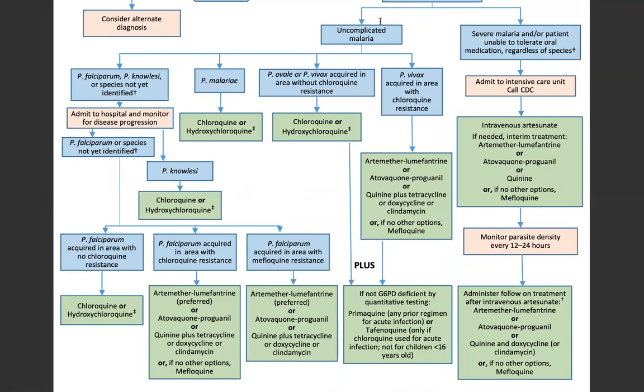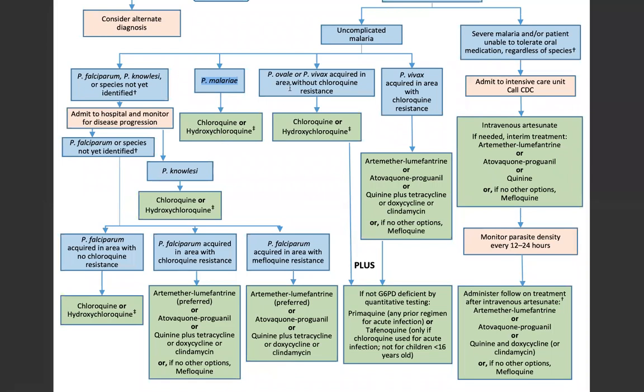Now, uncomplicated malaria, which is not severe. Let us see the management for these cases. If it is uncomplicated malaria and the species is Plasmodium malariae, just give chloroquine or hydroxychloroquine, because generally this species of Plasmodium is sensitive to chloroquine.